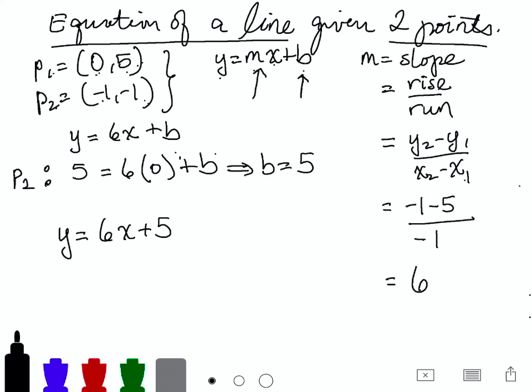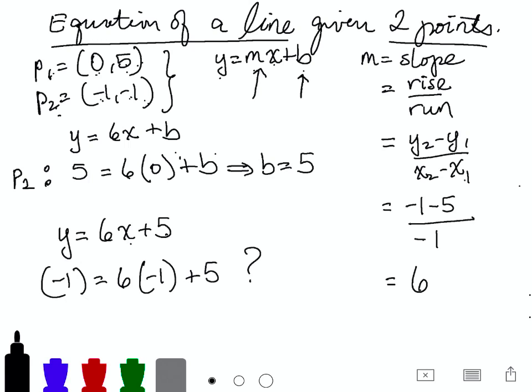Now you can check to make sure that these 2 points lie on this line by plugging in the x and y values. So we already used P1 to get the b value. Let's check if P2 lies on this line. That means that we plug in negative 1 for x, so y equals 6 times negative 1 plus 5.